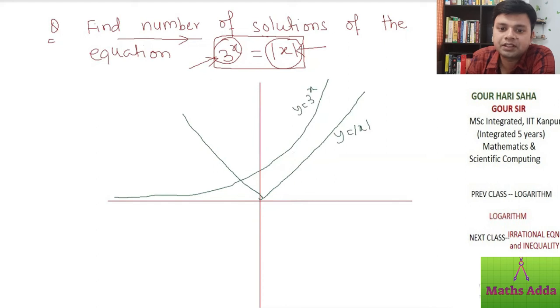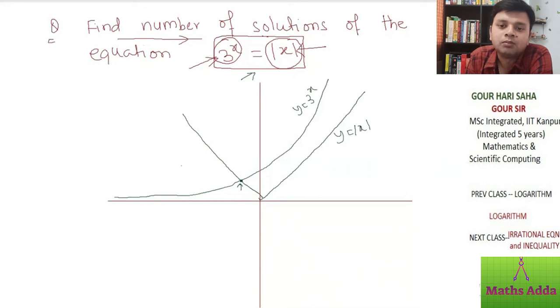You see it intersected at one point. At this point 3 to the power x and mod x become equal. That's why this point is our answer, and there is only one intersection point, so only one solution. So this is how we are going to use graphs to find the number of solutions.